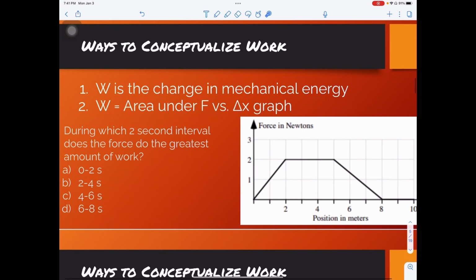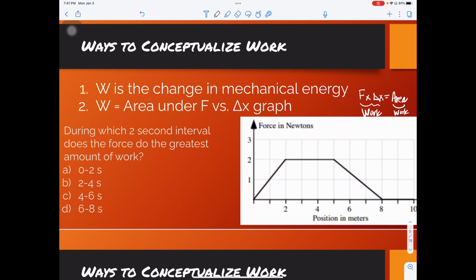A second idea is that work is the area under the force versus displacement graph. So if we think about the equation, in order to look at area, we're going to have force times the displacement is going to be area. But we know that this is the formula for work. And so we're going to say that the area is the work.